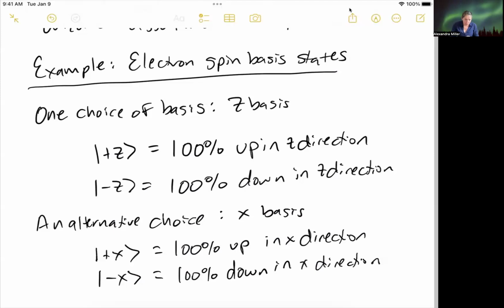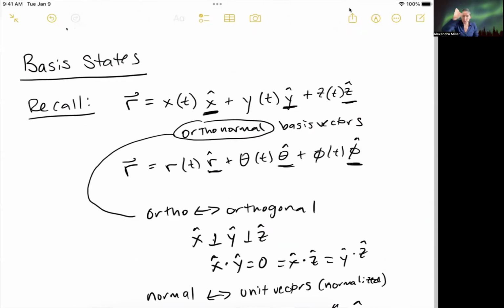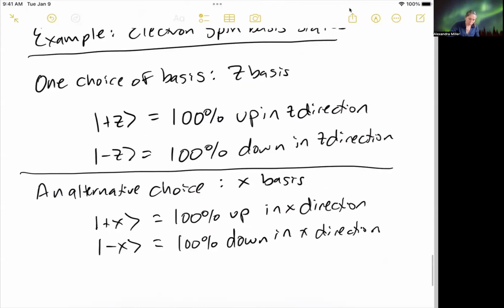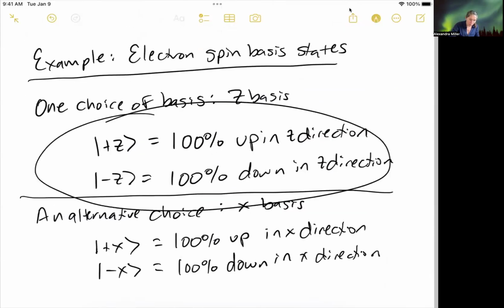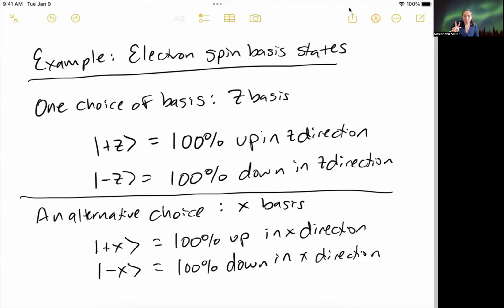Now, it's important to note that this electron spin is a two-dimensional Hilbert space. So unlike before, where we had three unit vectors for our three-dimensional position space that we're living in, x hat, y hat, z hat, here we just have two. So we can work with either this basis or this basis, and those are two different bases.